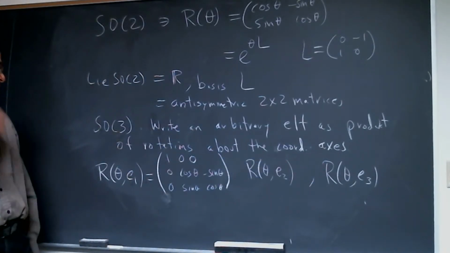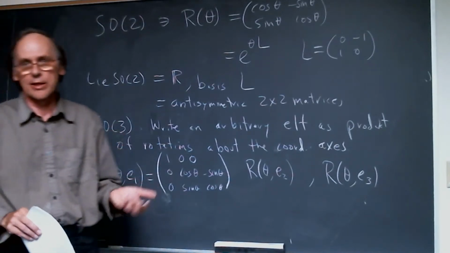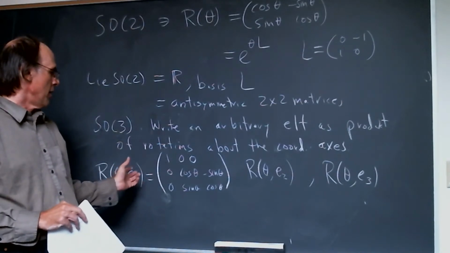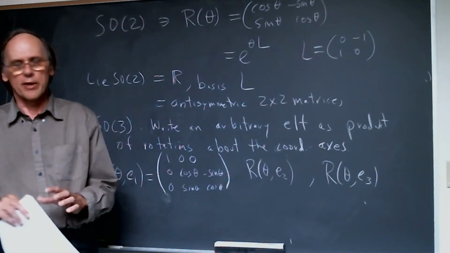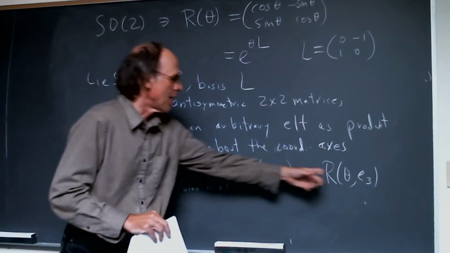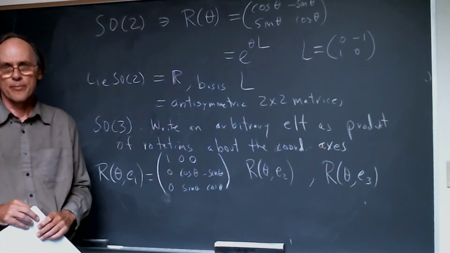Okay, but now, one thing to say about rotations in 3 dimensions is that you can generate any one you want as some product of these, some general rotation about these things.